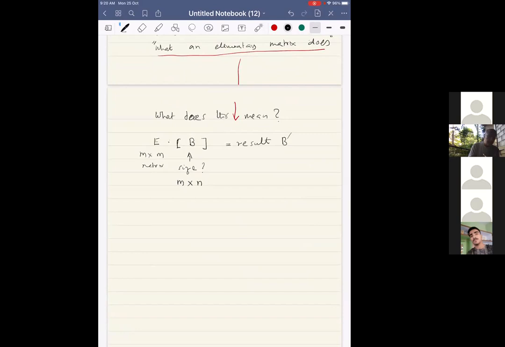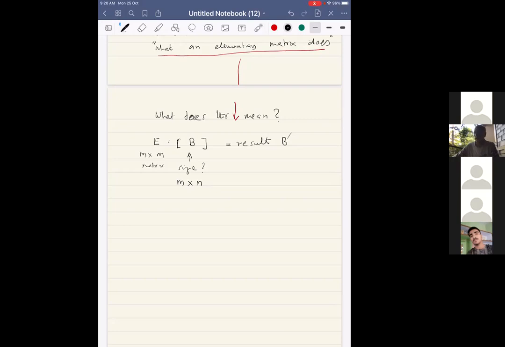Now, let me go back to the description. So now, what is the simplest value of n that I can take? 1.